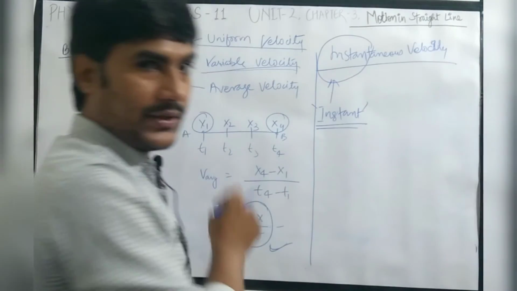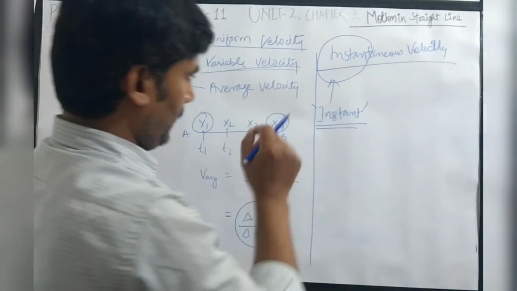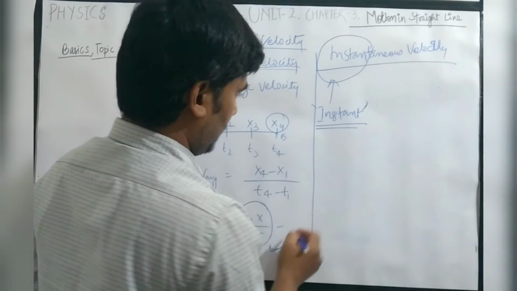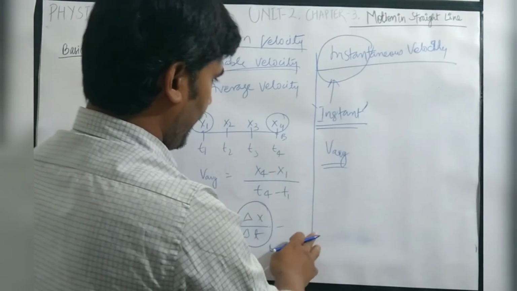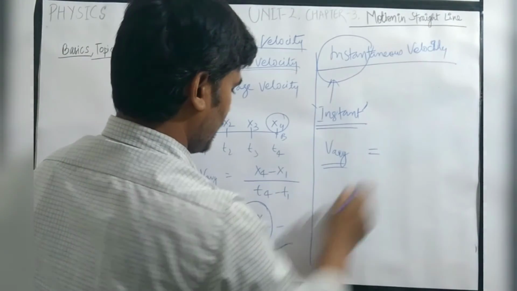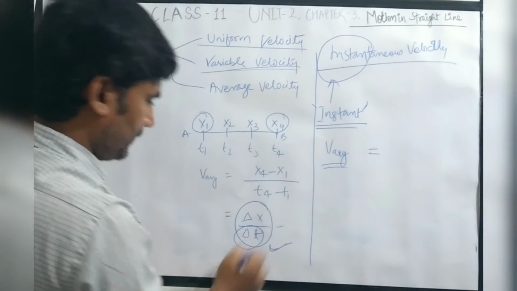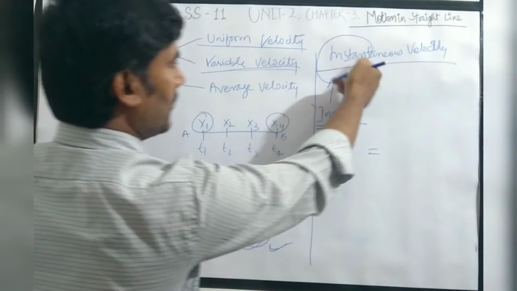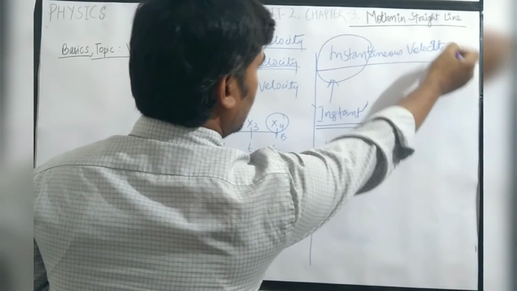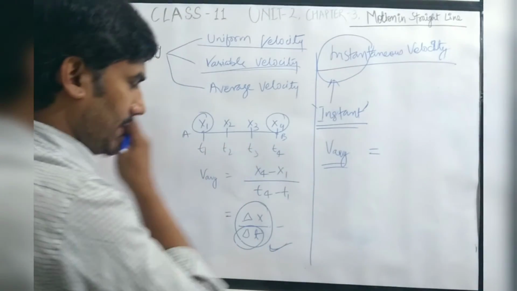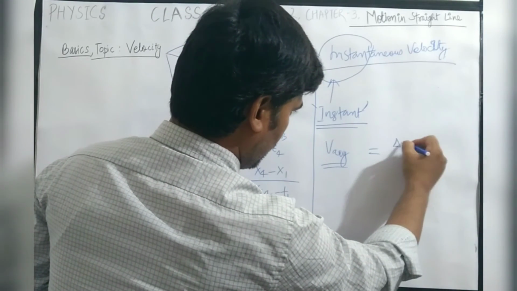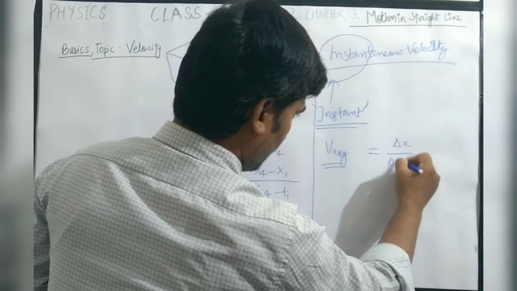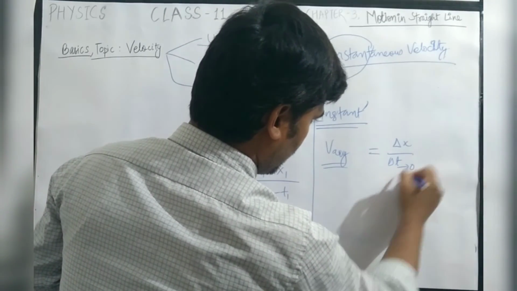Particular instant means the time interval is very small. In average velocity we have delta t time, and when we calculate instantaneous velocity, meaning velocity at a particular instant, this delta t reduces to 0, it tends to 0.